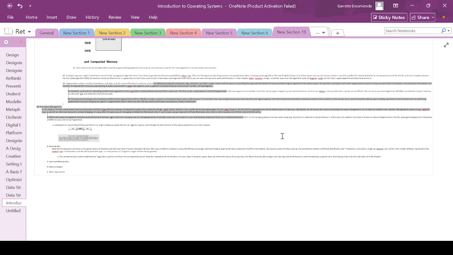The first, as discussed above, is external fragmentation. Because segments are variable size, free memory gets chopped up into odd size pieces, and thus satisfying a memory allocation request can be difficult.